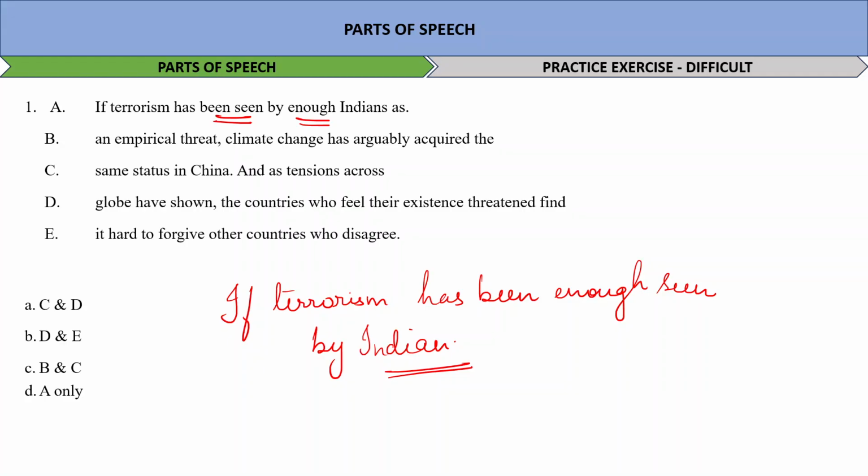The countries who feel their existence threatened find it hard to forgive other countries who disagree. I think the rest of the sentences are appropriately used, except the one we have just marked. So we will go with option number D, which is the answer. A only has an error, right?